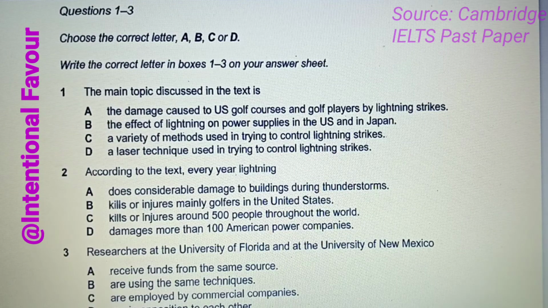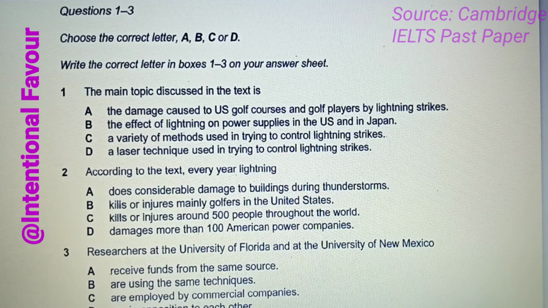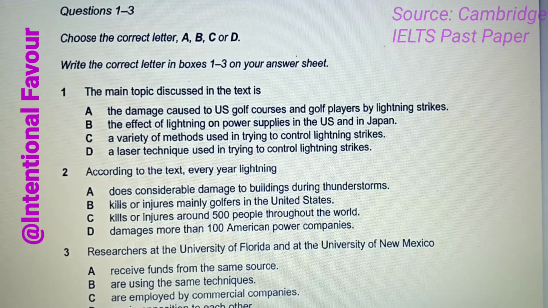I don't know if you get the trick with which I arrived at this answer. Options C and D obviously talked about the same thing, kind of, but you can see what distinguished them. Option C is general, talking about broad methods, the techniques that are used to try to control lightning strikes.